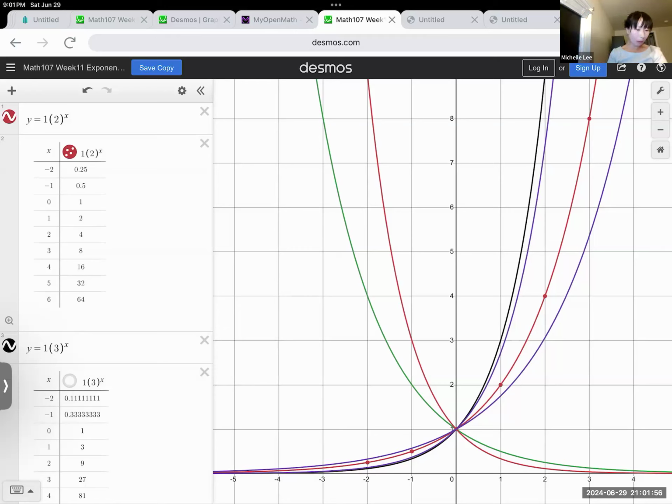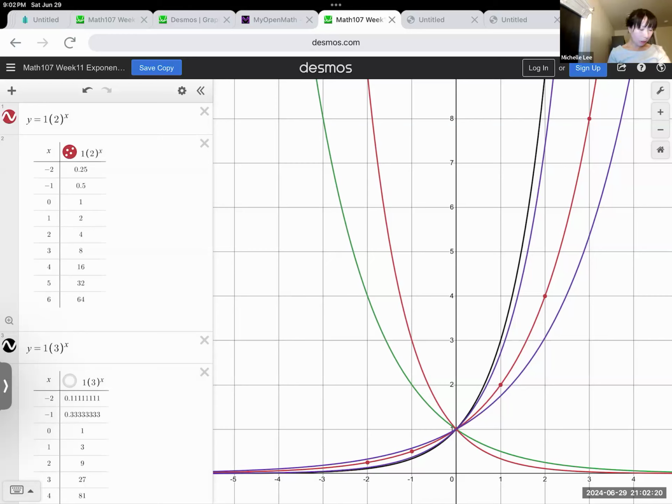Earlier we had negative 2, meaning 2 to the negative 2, which is 1 over 2 squared, which is 1 over 4, that is 0.25. And negative 1: 2 to the negative 1 is 1 over 2, which is 0.5.